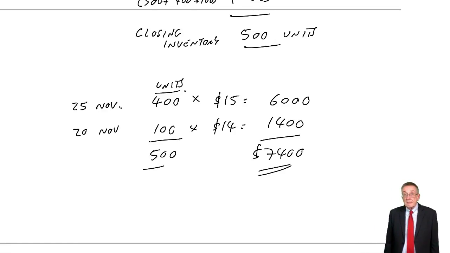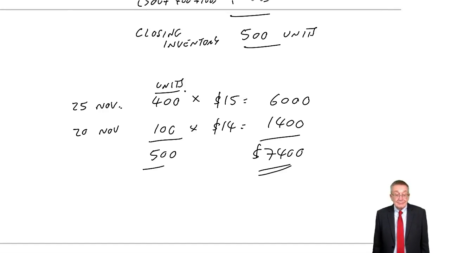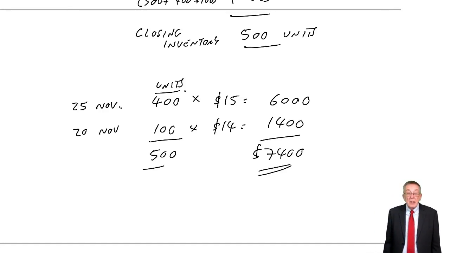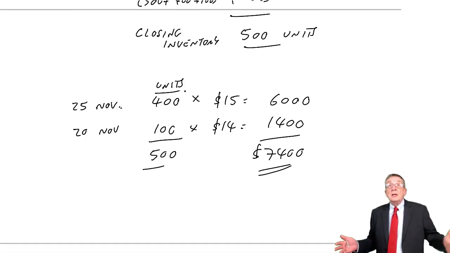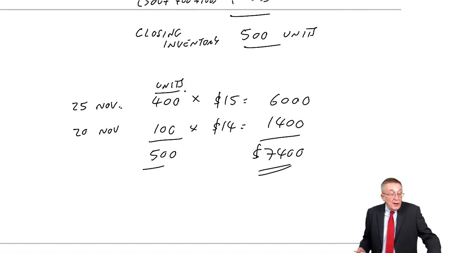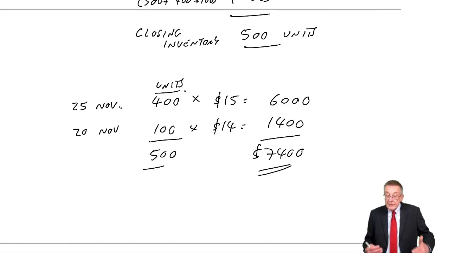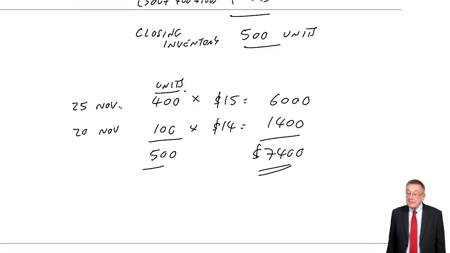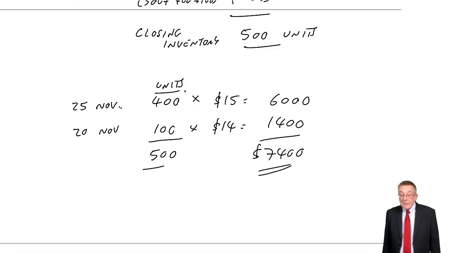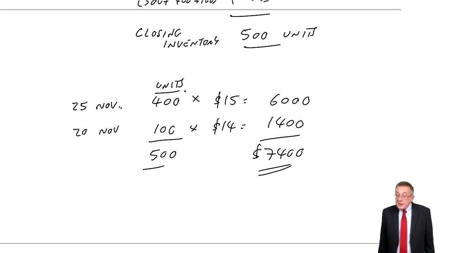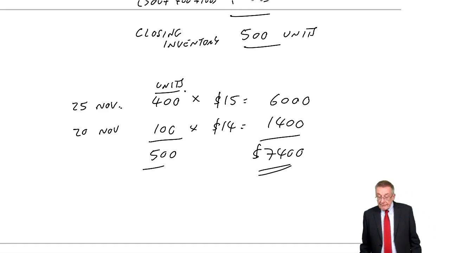And there we are. So first in, first out. I think nice and easy. I mean, as always, be careful. If you'd only 200 left in inventory, fine, they would all have been bought on 20th of November because it was 500, 4 on the 25th, the rest on the 20th. All right, that's first in, first out.